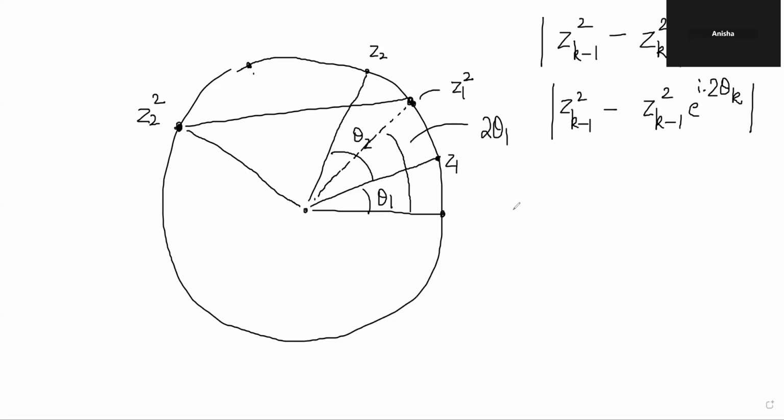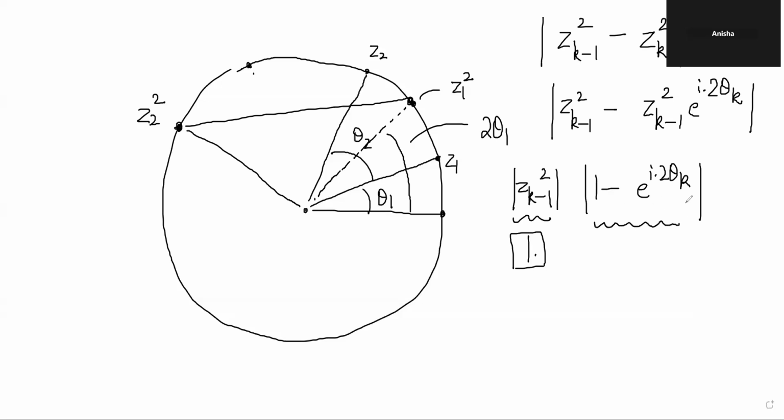So mod of zk minus 1 square can be taken common, and it is 1 minus e power I 2 theta k. And this mod is 1 because we know that the point lies on the circle. So we just have to calculate mod of this.